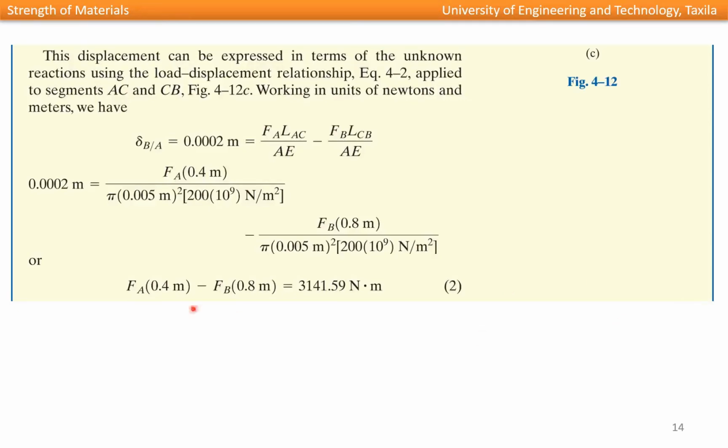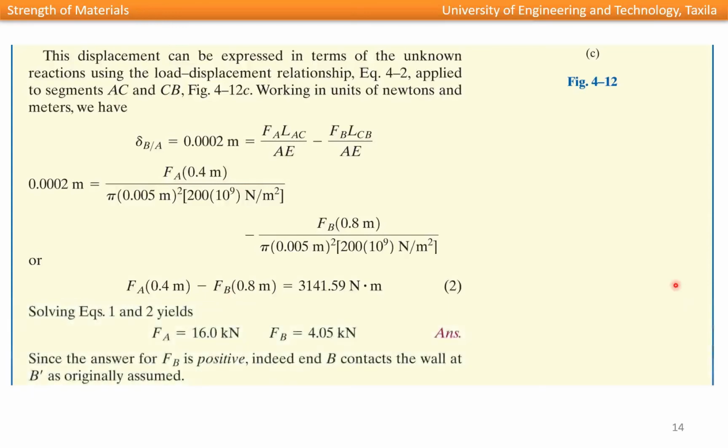Solving FA and FB simultaneously using equations 1 and 2, we get FA is 16 kilonewton and FB is 4.05 kilonewton. Since the answer for FB is positive, indeed B contacts the wall at B prime as originally assumed. In other words, the directions of FA and FB assumed are correct.